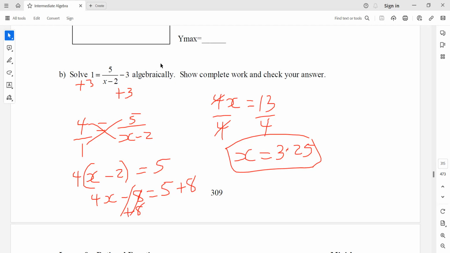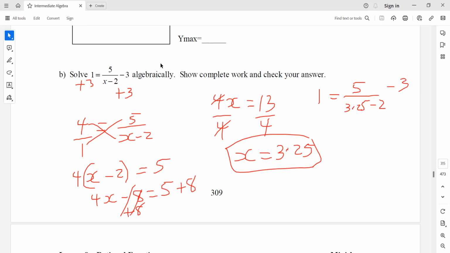You got that from the calculator, so that is a check. But you can put it in and then check what you're going to get in the end. So if you have 1 equals 5 over 3.25 minus 2, minus 3.